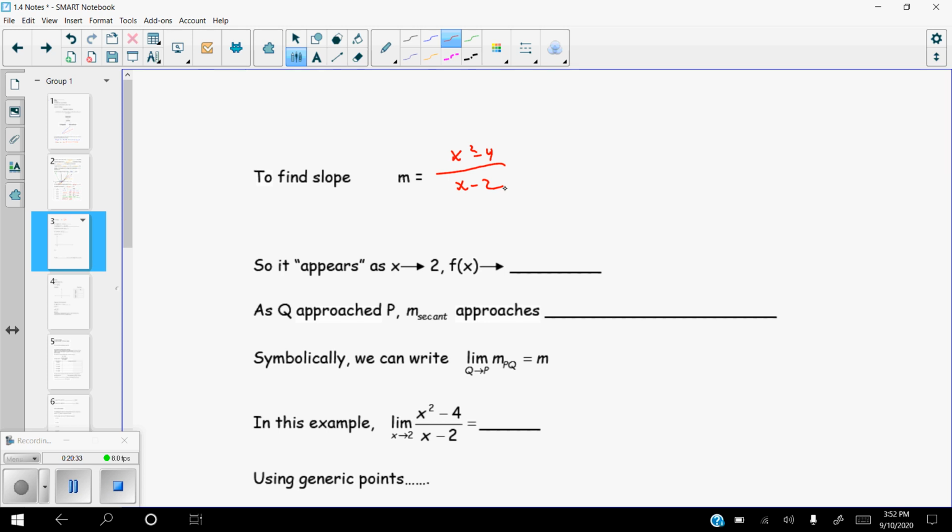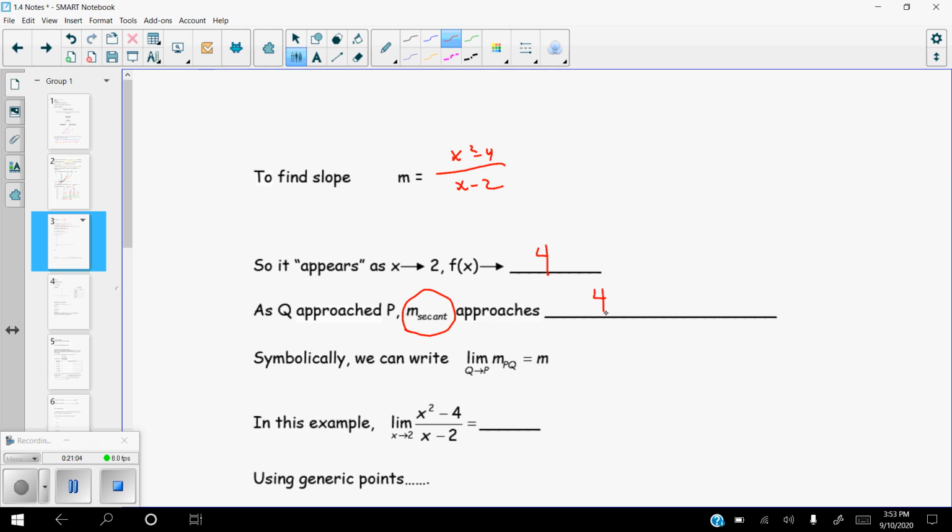So it appears that as x, and that arrow means approaches 2, then f of x approaches, and you might have already guessed that it looks like it might be approaching 4. So as Q approached P on the previous page, it looks like the slopes of those secant lines, which is what this thing means, the slope of the secant line, approaches 4.